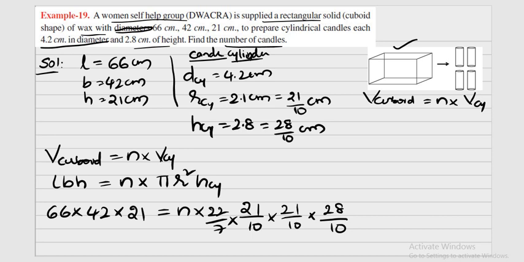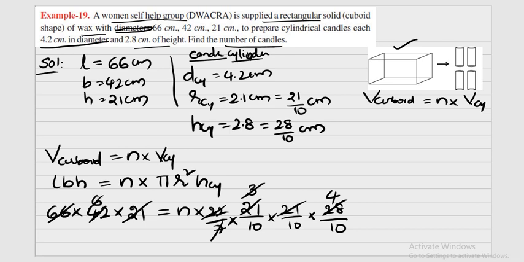Right, now simplifications. So 7 3s are 21. Next, in the 11 table, 22 3s are 66, so that 66 I can cancel directly. Next, 21 and 21 directly I can cancel. Next, in the 7 table, 7 4s are 28, 7 6s are 42.